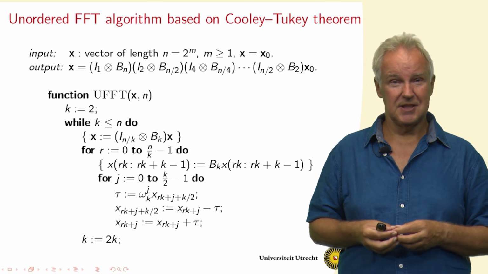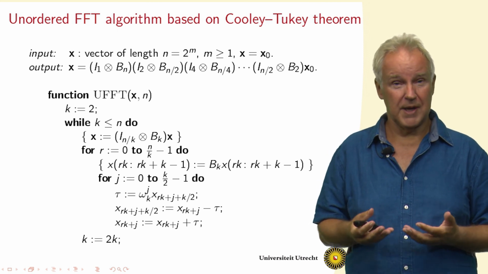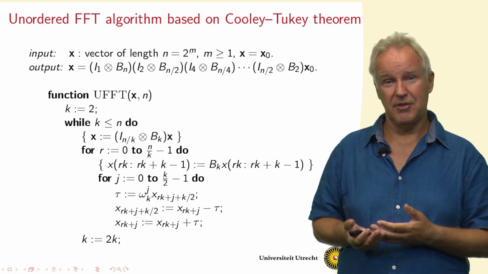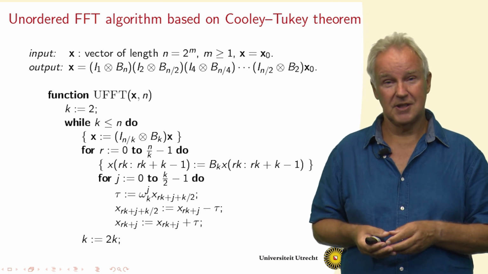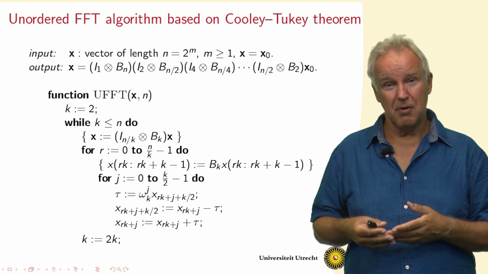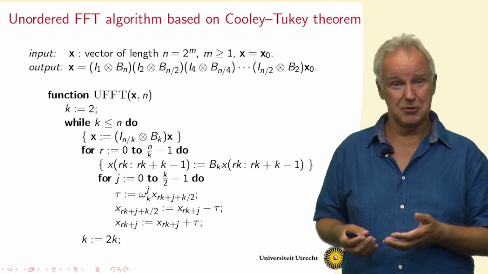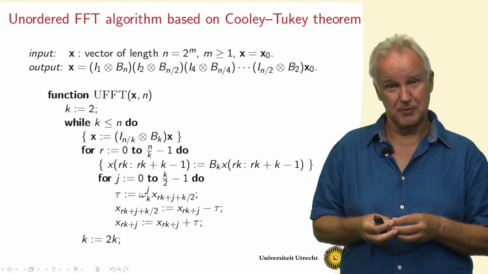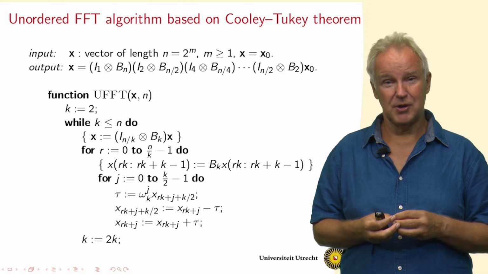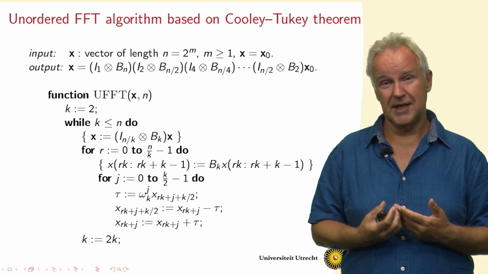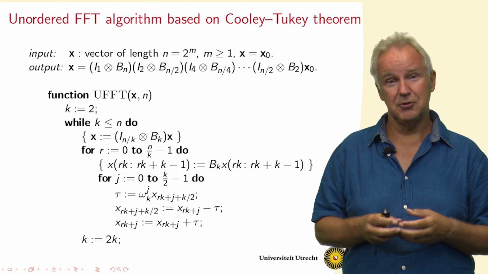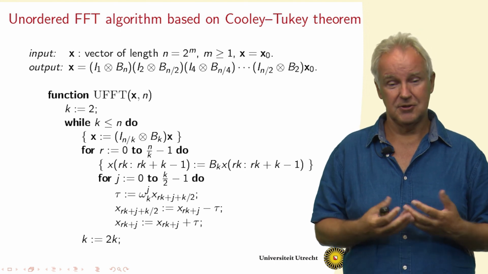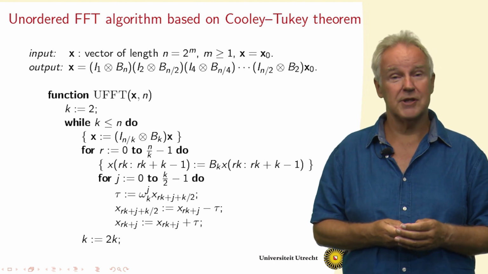And inside this, as we saw before, you multiply omega with a component of x, which we call tau. You add and you subtract this value, and you get the new values of x. And you do that for all the butterflies, for all the copies that you have to do, until k reaches n. So this is a concise formulation of the non-recursive algorithm.